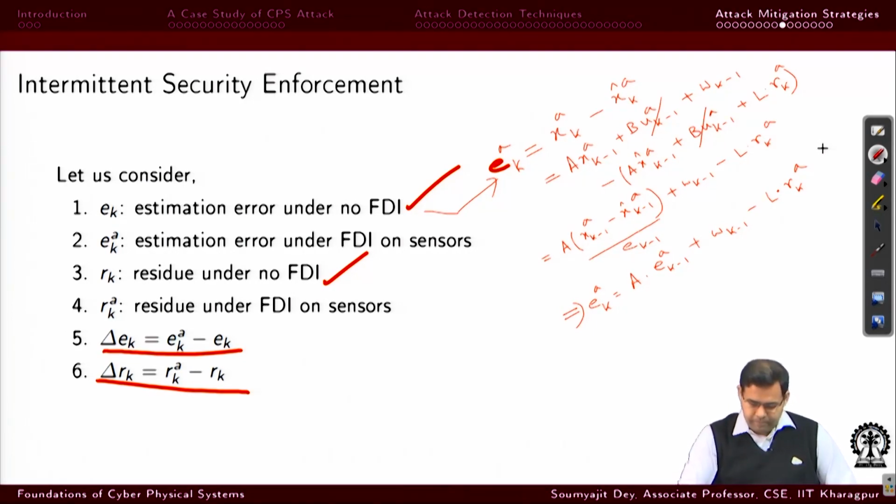So, then what can we say about this? That is the modified error I am getting, the error really induced into the system due to the attack happening on some of the sensors. So, we should be able to mathematically write it like this.